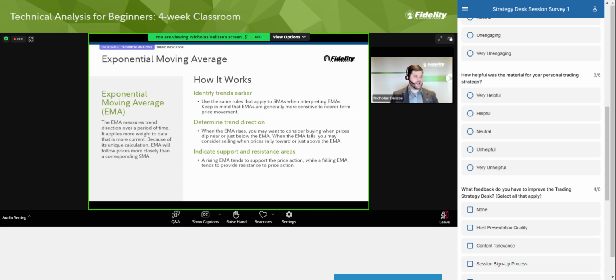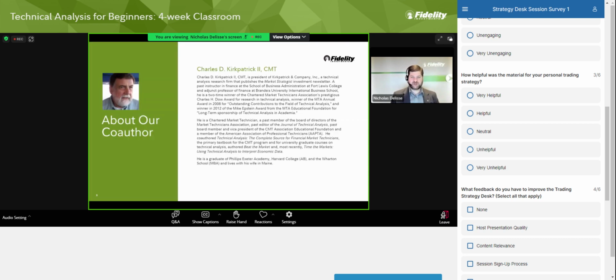Now, I remember reading a study at one point in time, and this goes back to a gentleman named Charles Kirkpatrick, who helped put these slides together for us, looking at the differences: which one is better, simple or exponential? While each has its pros and cons, as far as signal generation goes, one wasn't really statistically better than the other.